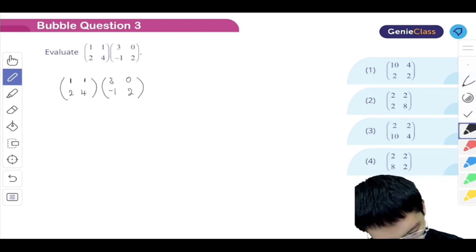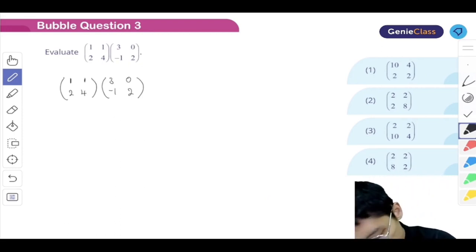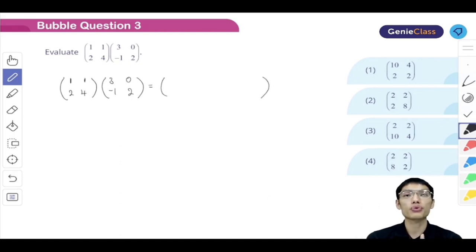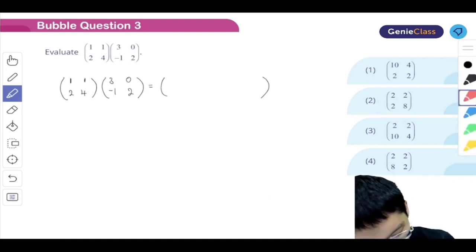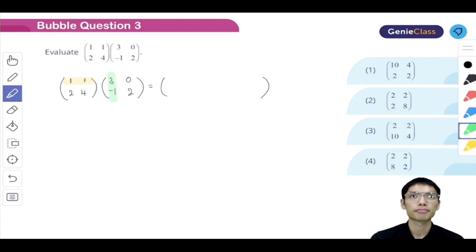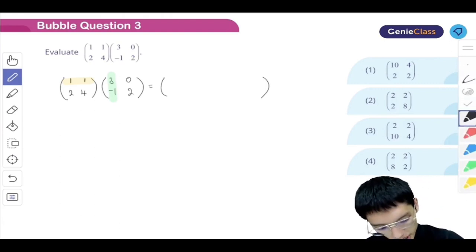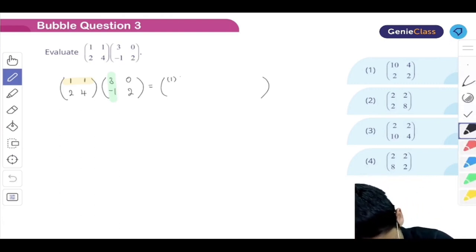Now, again, I want my first row, first column of my new matrix. So always remember, okay, I want my first row, first column. And this will mean, okay, top with top plus bottom with bottom.